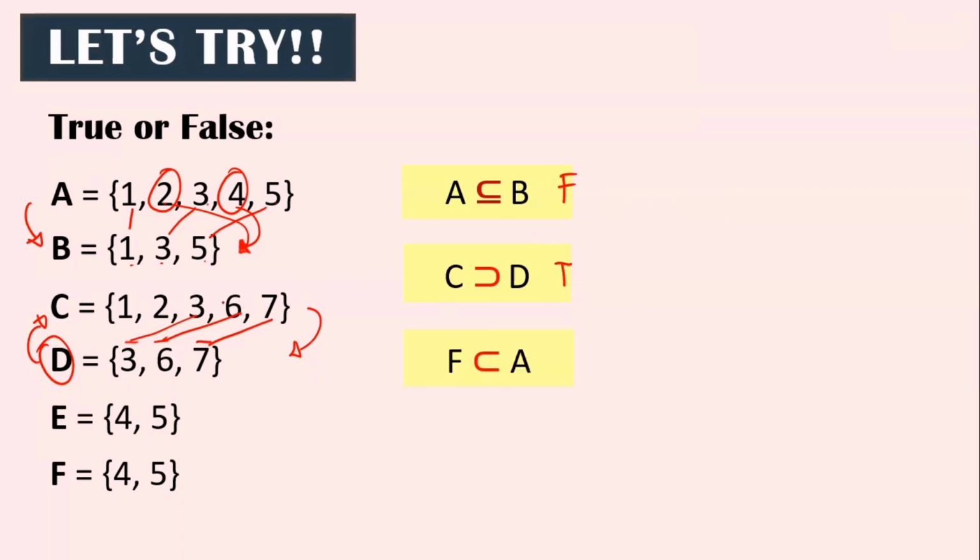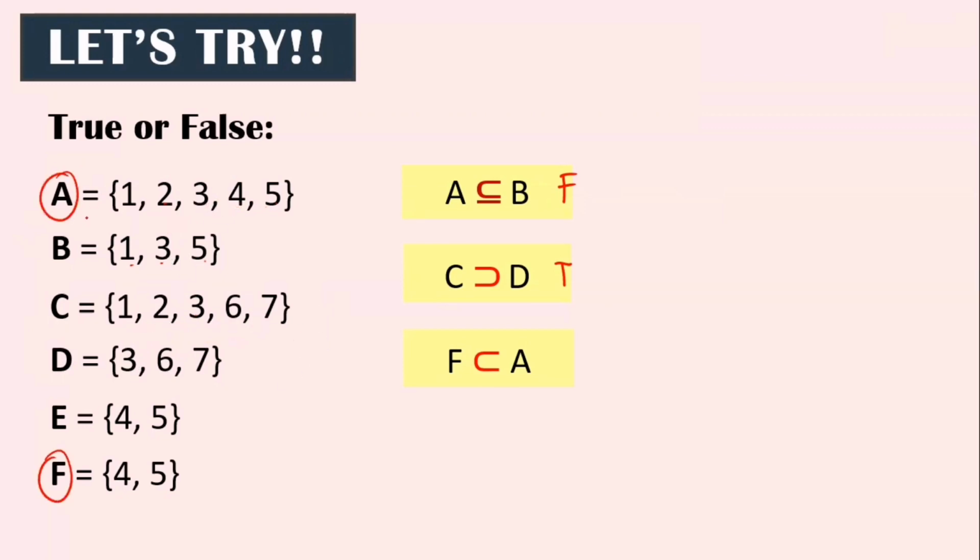Next. Si F daw ba ay proper subset ni A? Tingnan natin. Yung F natin, proper subset daw ba siya ni A? Tingnan mo, we have 4 and then 5. Yung F po ba ay subset ng A?